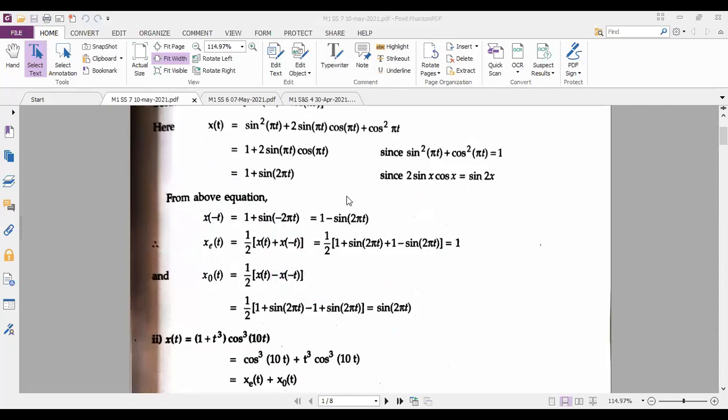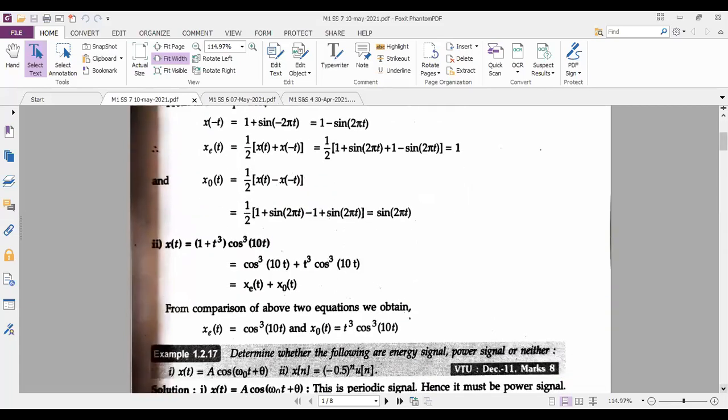So now the next problem is, you can see here (1 plus t cubed) into cos cube of 10t. Here I cannot perform any simplification because it is not like sine and cos. If sine and cos are involved, we have a lot of formulas to reduce it.